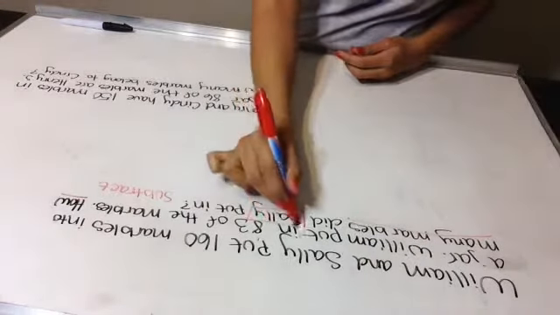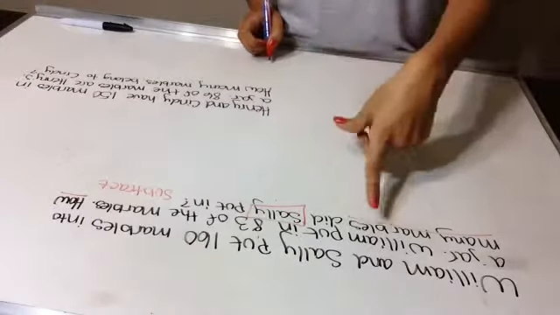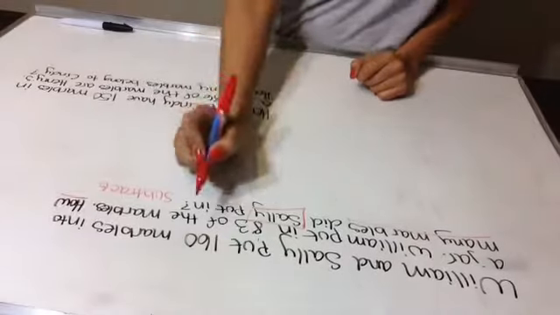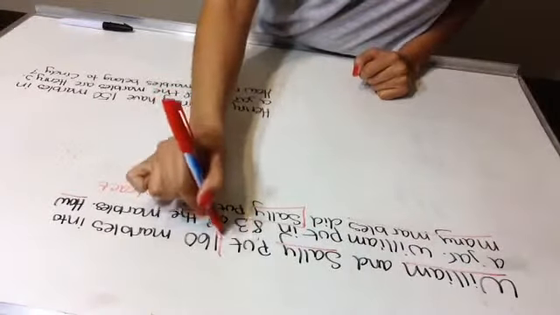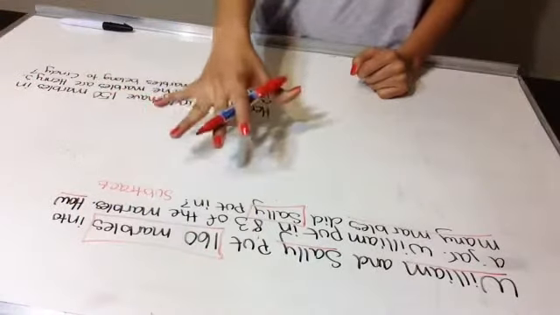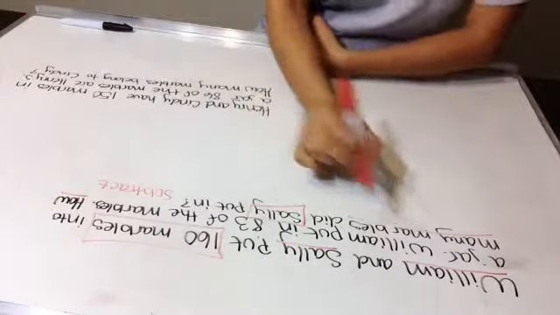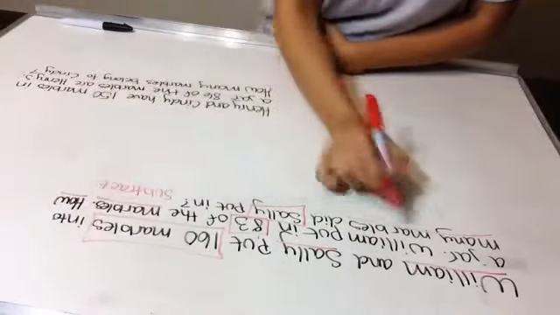How many did she put in? Let's go back and look at this part of the problem. We know that William and Sally put in 160 of the marbles. So that's our total. And we know that 83 of the marbles belong to William.